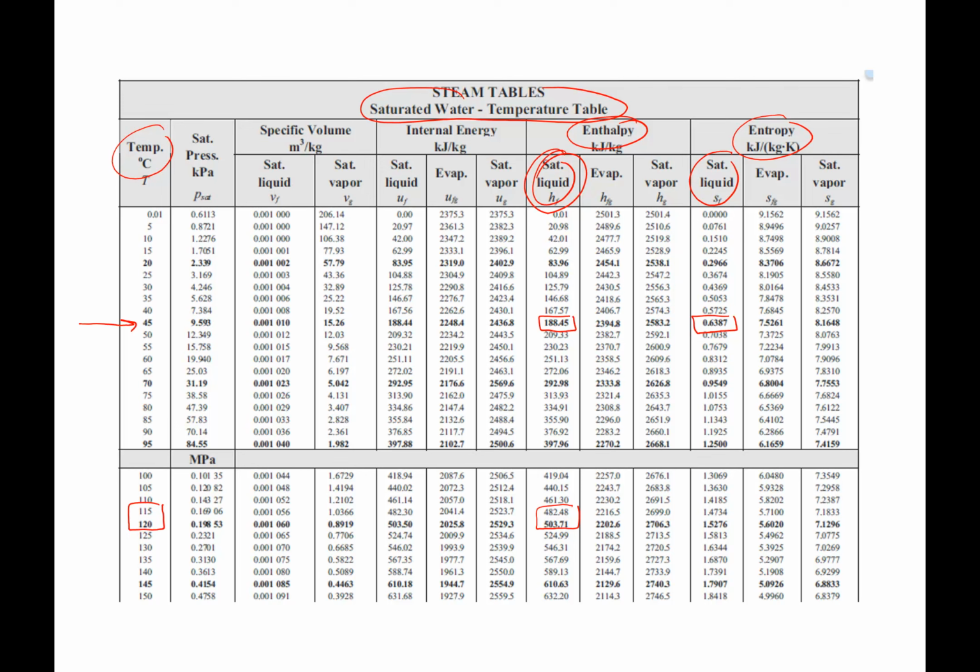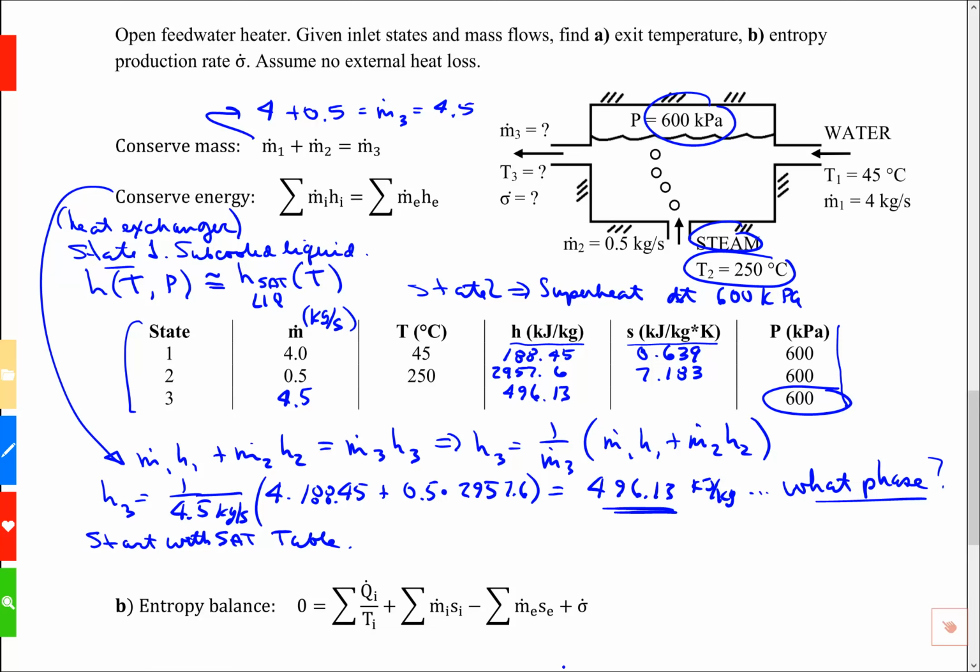I'm going to interpolate here, and you can check my interpolation. I'm going to say at this value of H3, find T3 equals, I found 118 C, and this was from the saturated temperature table.